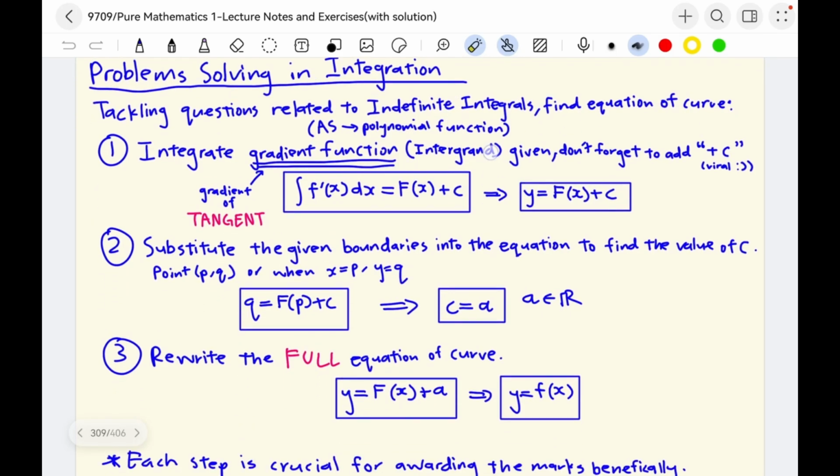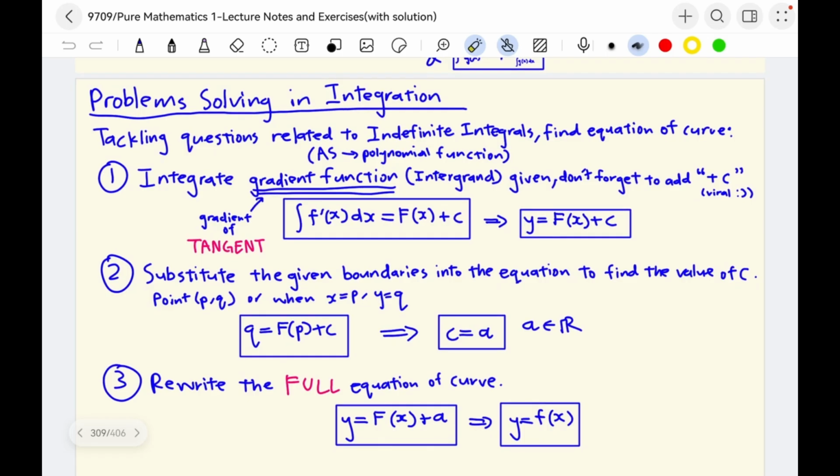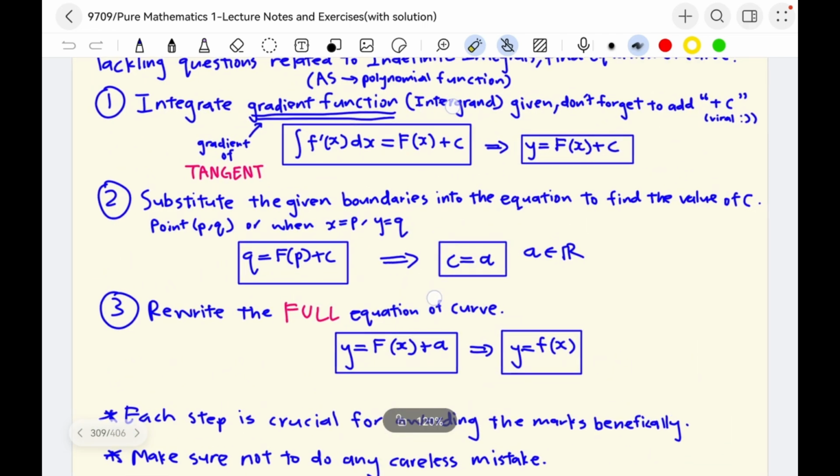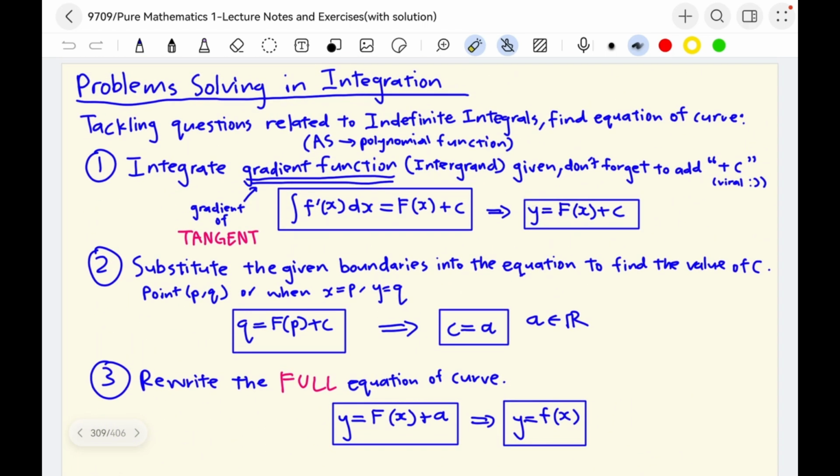In your AS syllabus, you are going to integrate only polynomial functions, so no worries. Here are the steps to tackle the questions.